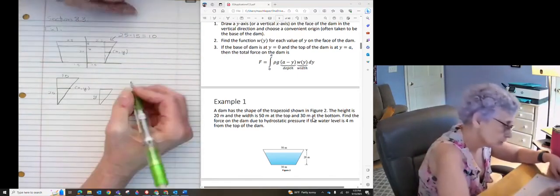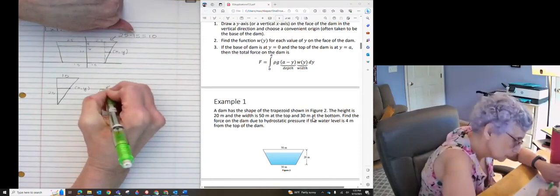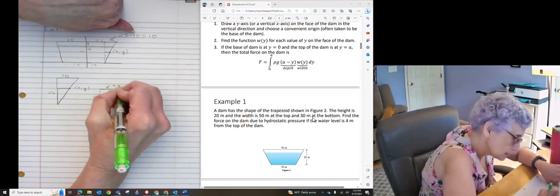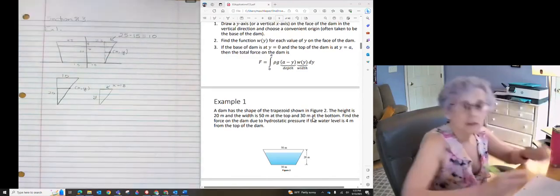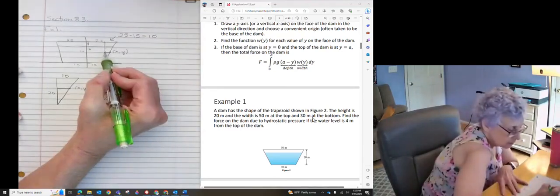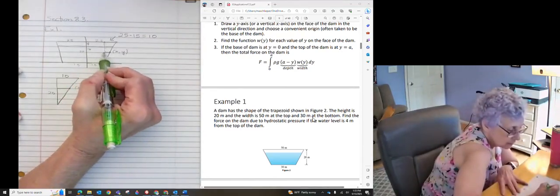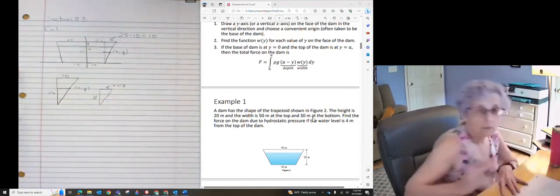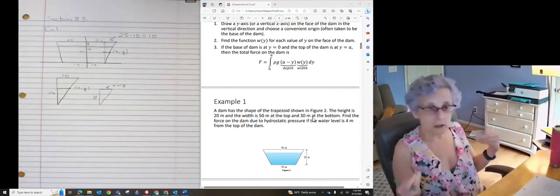The width of the triangle is going to be x minus 15, because it's 15 units to get over here to where the triangle actually starts.